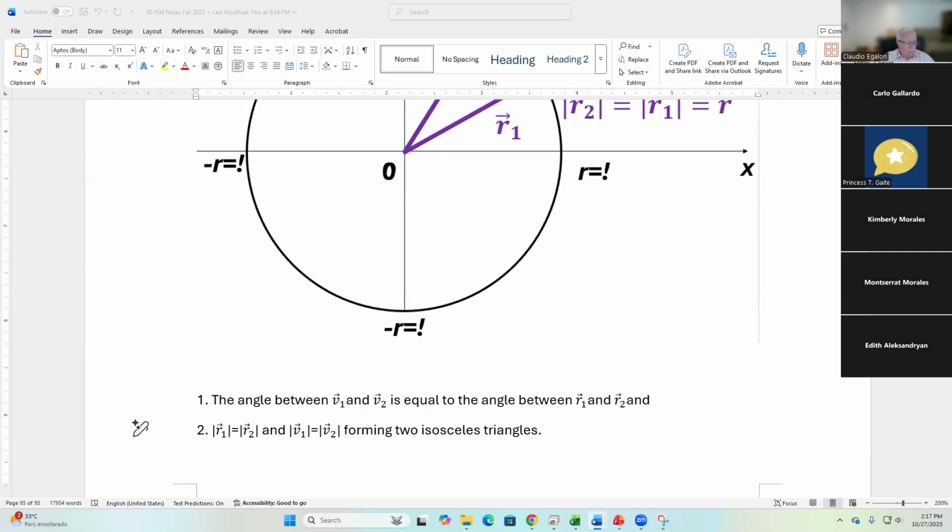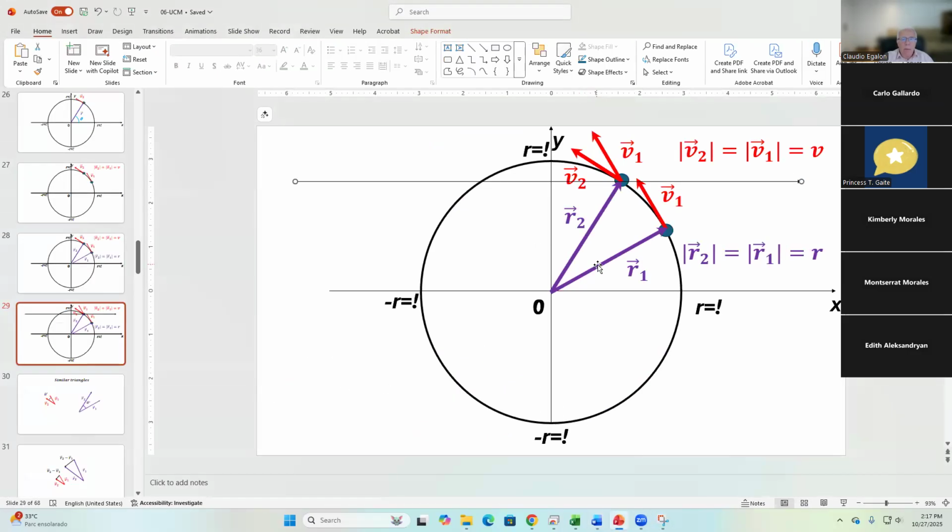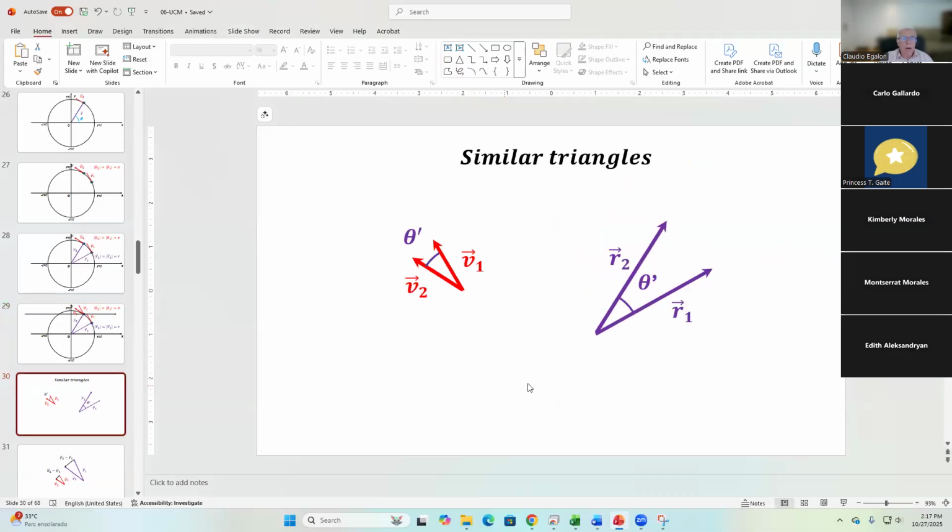Okay, here we go. Let me copy and paste that as well. And again, that should be theta prime, so you don't mix it up. Here you go. Let me copy that.